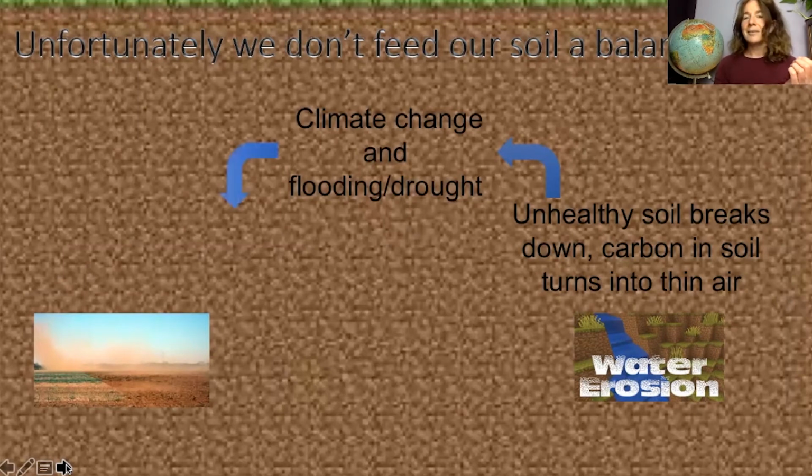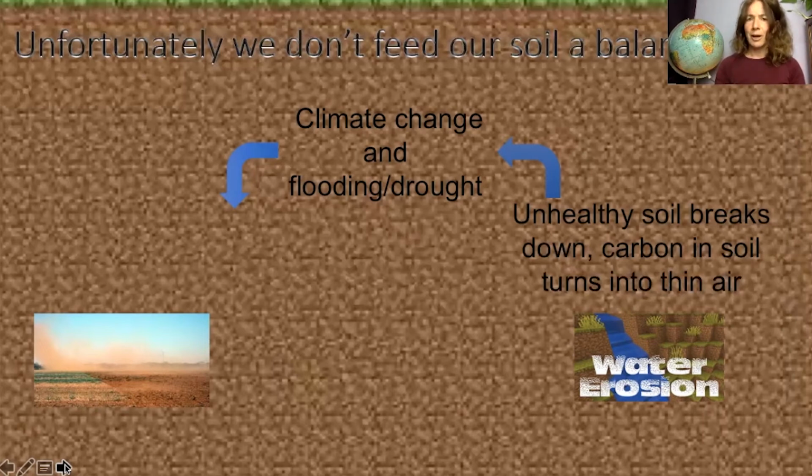So you can see that this no longer is a simple cause and effect feedback system. We're turning into a loop here. We've got unhealthy soils breaking down, releasing carbon to cause climate change, which causes flooding and drought.